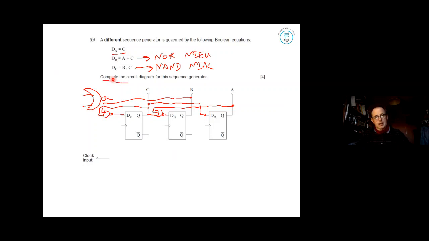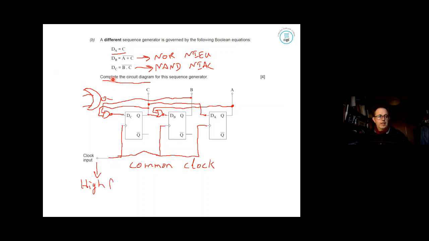But finally, completing that circuit, what you've got to remember is that the clock input is common. Got common clocks. Now that is the biggest difference between a sequence generator, sequencer, and a binary counter. So common clocks, they can work basically on very high frequencies.